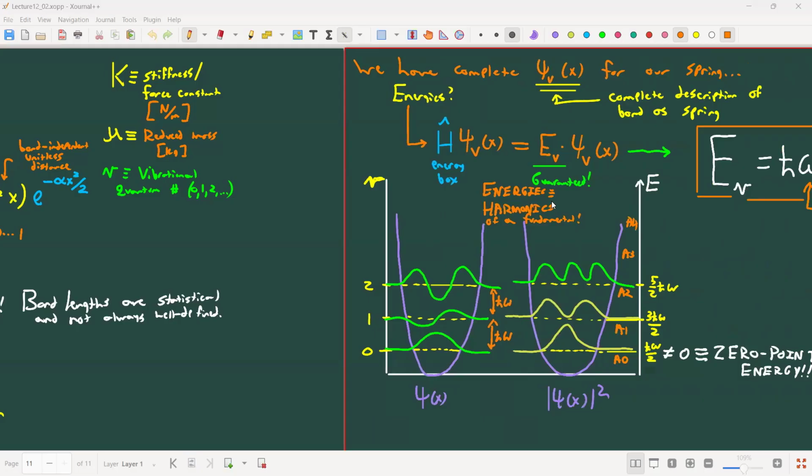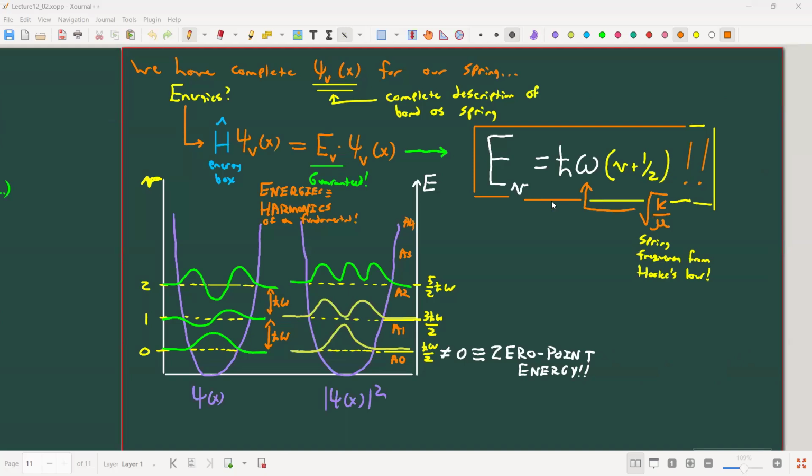So there's some probability that we would actually find the bond longer or shorter than you would expect classically. It can sneak out of the potential. The potential is slightly leaky. And I want to look at a consequence of that behavior, this leakiness out of the potential.